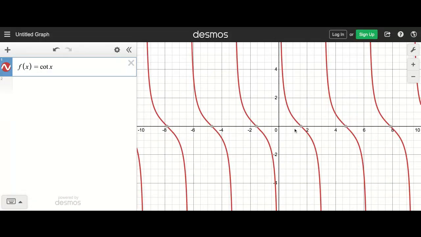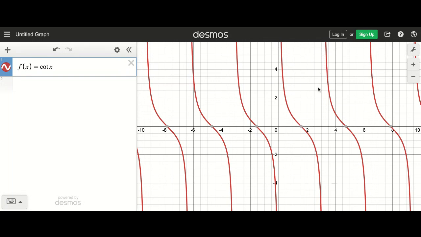But unfortunately, they don't show us pi. They show us this is pi over 2, so pi, but we don't get to see pi. So this is pi over 2, this is 3 pi over 2. So pi is right in the middle somewhere here, right? If we have this graph in our minds, you see this is 1 over tangent.